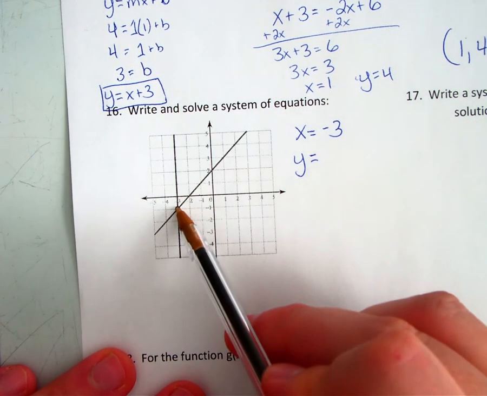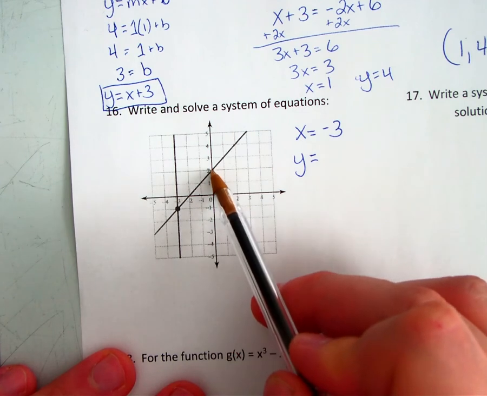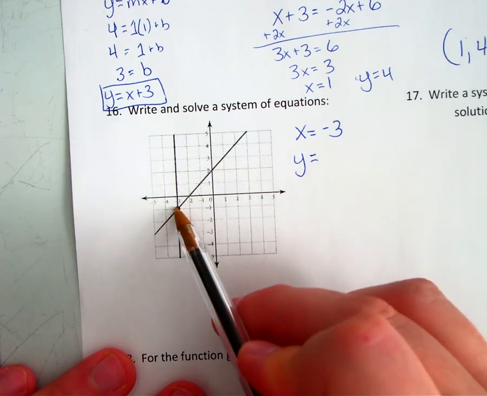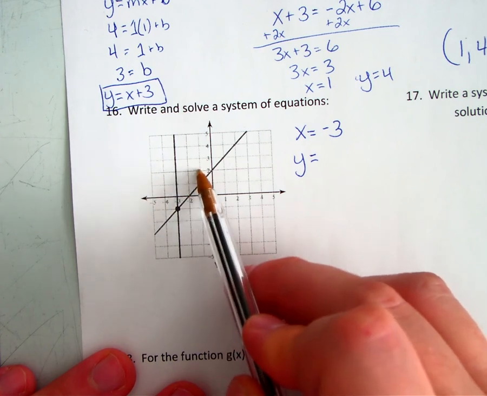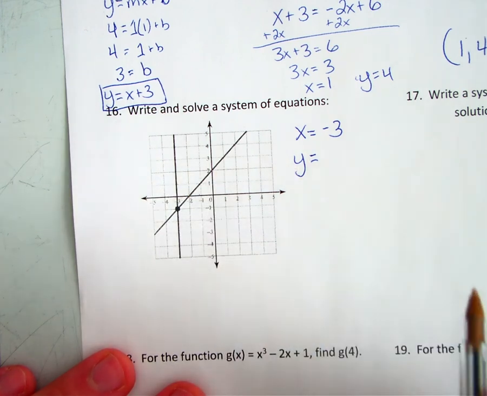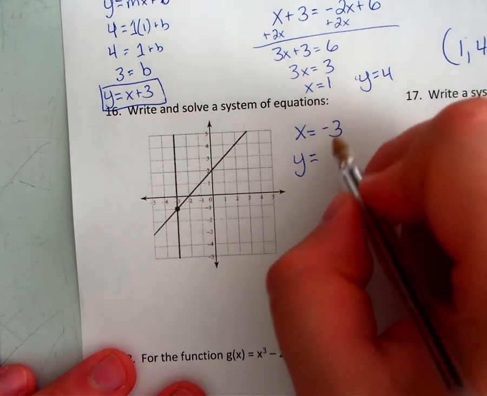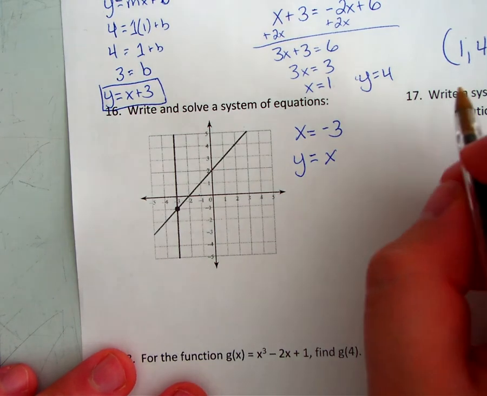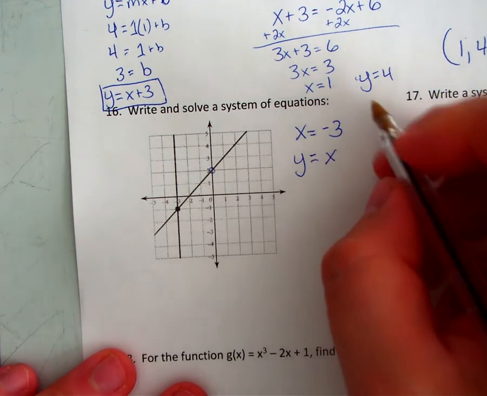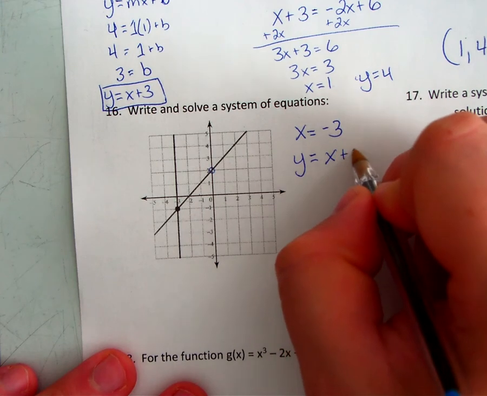We have an ordered pair identified here. We have an intercept identified here, so it makes sense to start here and move up 1, 2, 3, and over 1, 2, 3. So our rise of 3, our run of 3, means we have a slope of 1. So I don't need to put a 1 in front of the x because we know that it is 1. And then I can see that the y-intercept is +2, so +2.